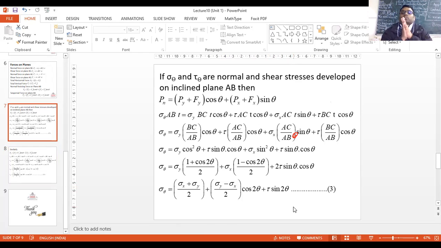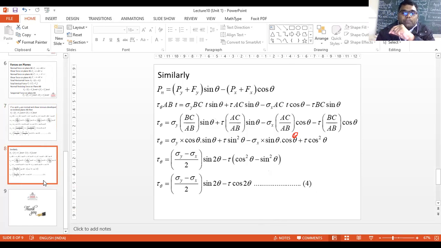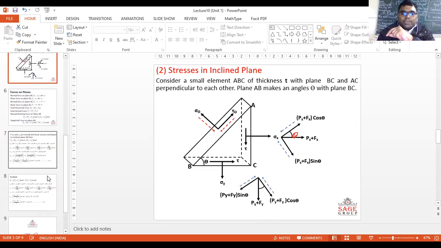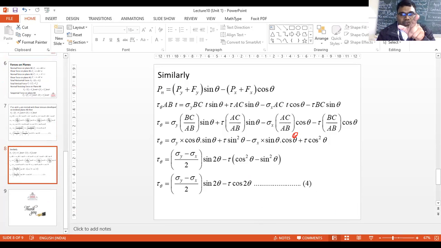So there are two conditions. One, the plane on which only the normal force is acting, and second, when the normal and tangential forces are both acting on the plane, then you are able to find the normal and shear or tangential stress on the inclined plane. These equations you have to remember, and you must try to solve numericals based on them. They are already in the notes provided by me.